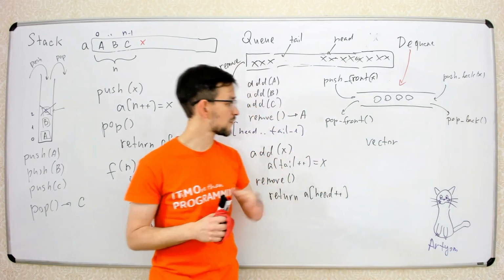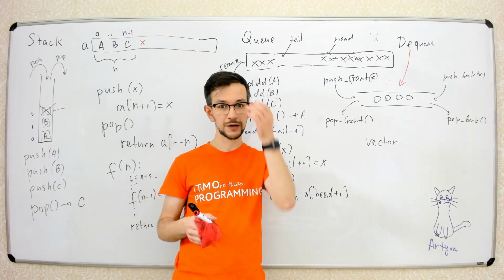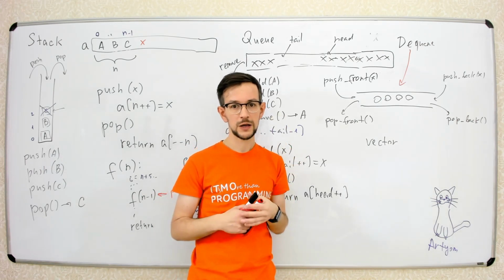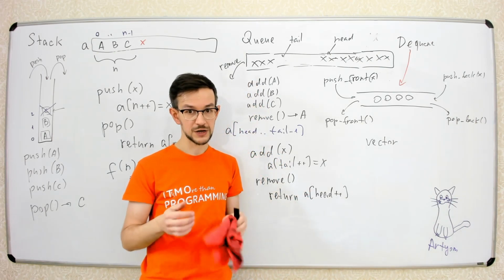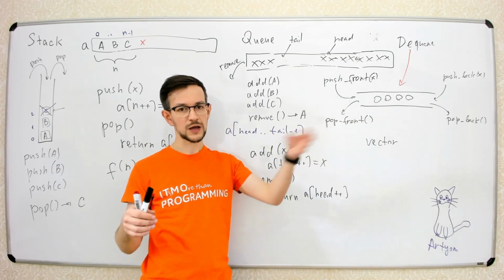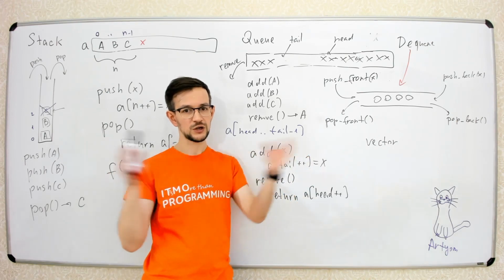But if you have vector in C++, for example, or lists in Python or something like that, in most common programming languages, you have some way to implement the stacks. In Python, you can append elements to the list, and it will be increased.